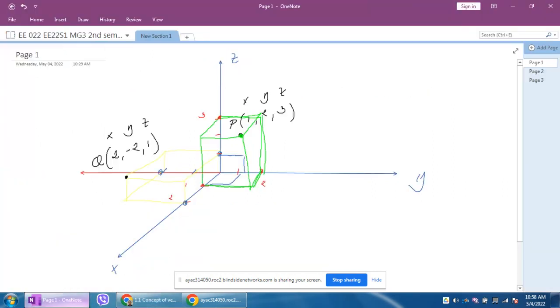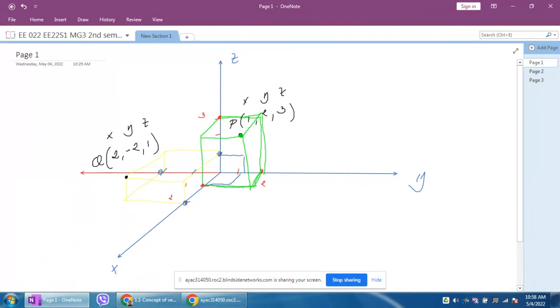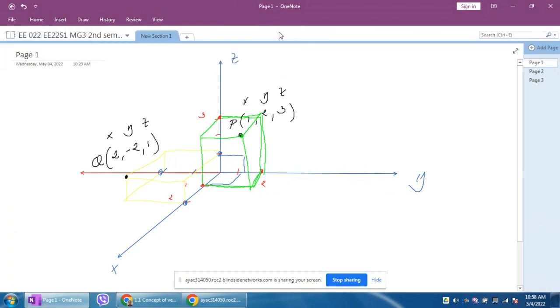So ang hinahanap po natin is a vector from P. So gamit po ako ng mas malaking kulay black. Okay. So from this point, papunta po dito, yun yung vector na hinahanap natin. So para diretso, gumamit na ako ng arrow. So take note that when we talk of vectors, the direction is very important.